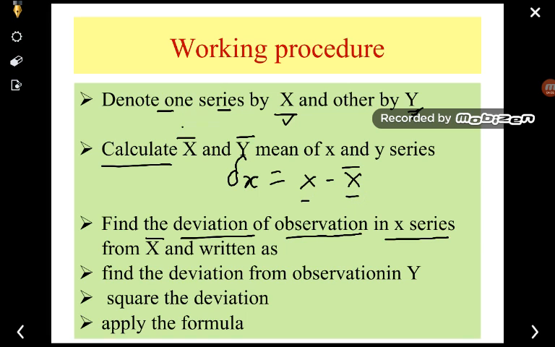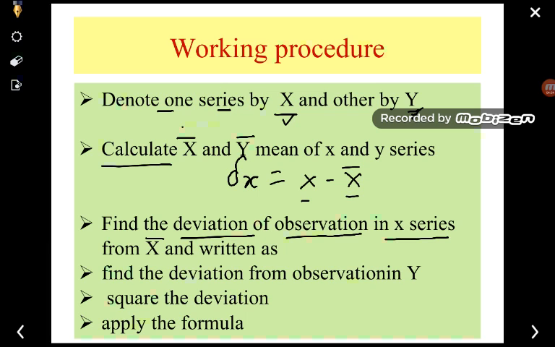That will be the deviation. So the first step is to denote the two series, x and y. Second is to find the mean. Third is to take the deviation from the mean of both the x and y series.